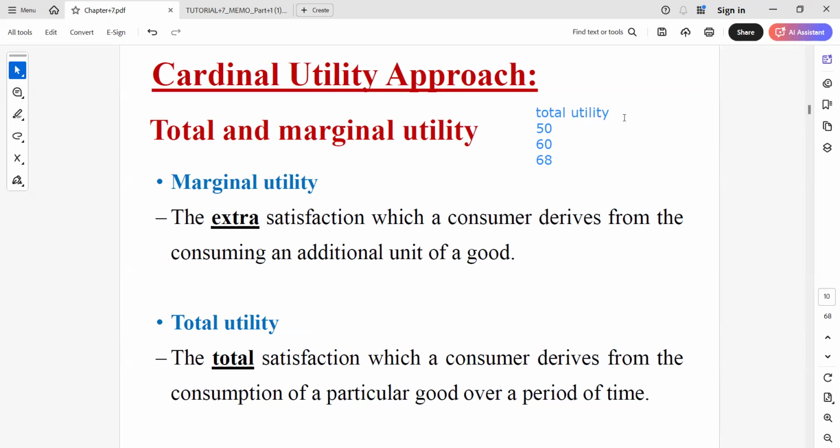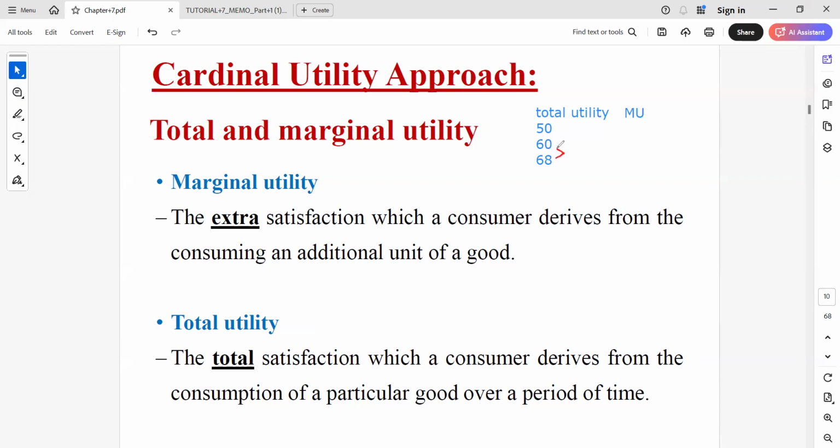Now let's calculate marginal utility, MU. I'm just going to write MU because I don't have enough space. In calculating MU, what I like to do is start from the bottom.